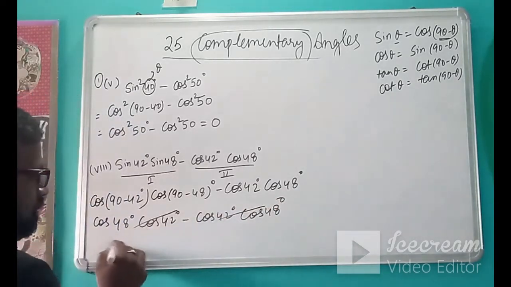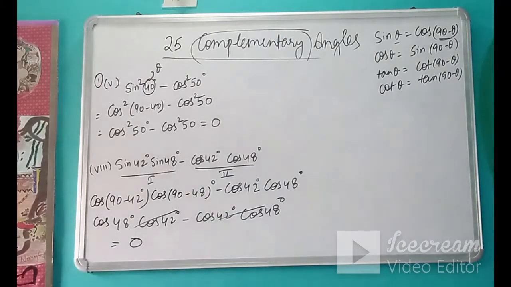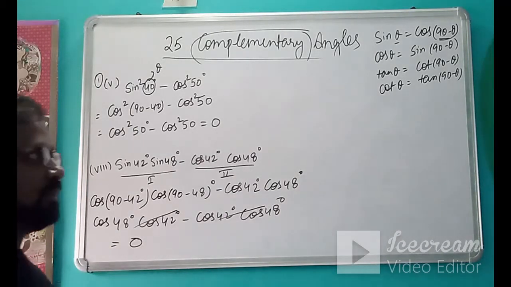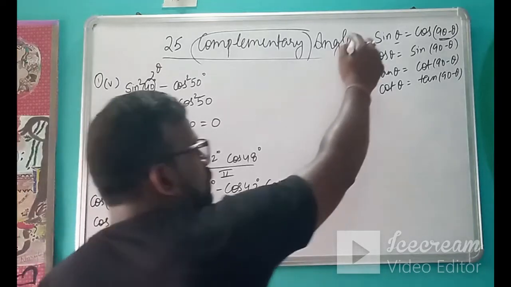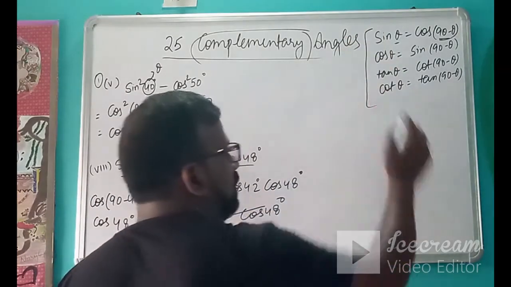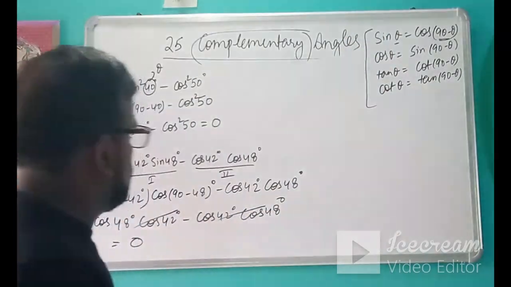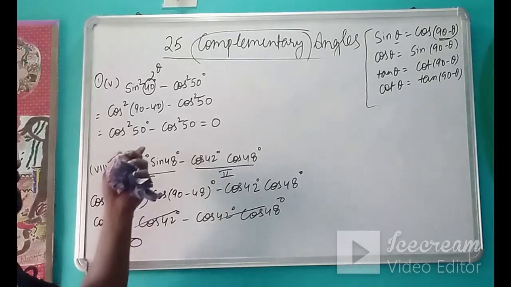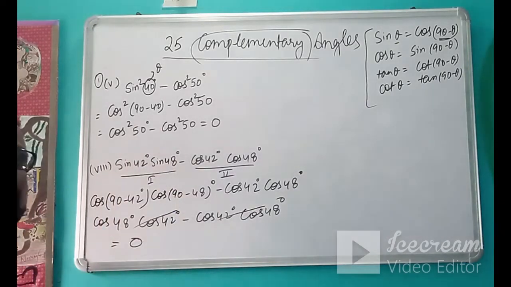So what will the answer be? 0. Okay, so you can see that while using these complementary angle relations, it is very easy to solve the questions of the types in which we do not know the value of the angles.